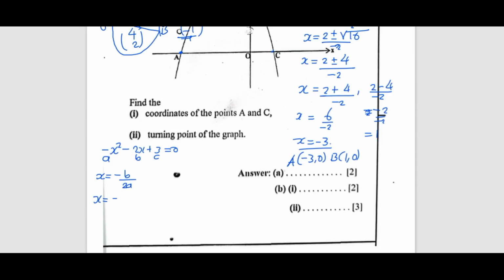So it's negative negative 2 over 2 times negative 1. So x is equal to negative times negative is positive 2 over negative 2, which is x is equal to negative 1.